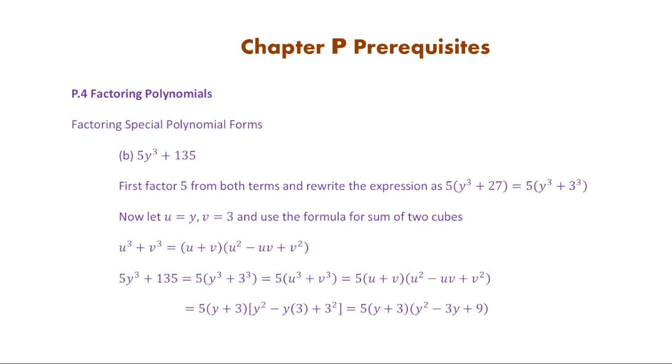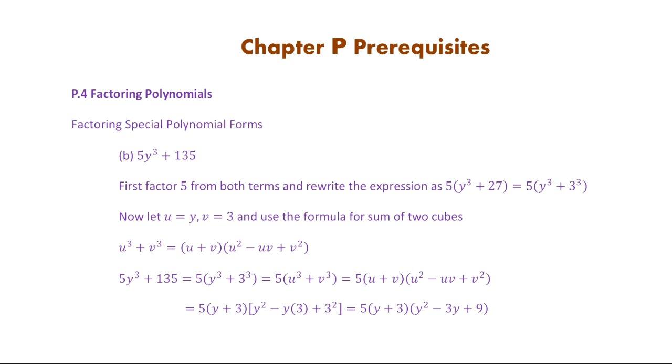And then you use the formula again for the sum of two cubes, u cubed plus v cubed equals u plus v times u squared minus uv plus v squared. So the whole thing, 5y cubed plus 135, becomes 5 times y cubed plus 3 cubed. And if you rewrite as u cubed plus v cubed, then that becomes 5 times u plus v times u squared minus uv plus v squared.